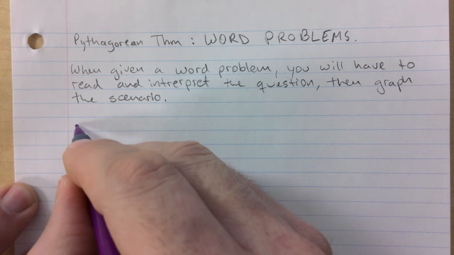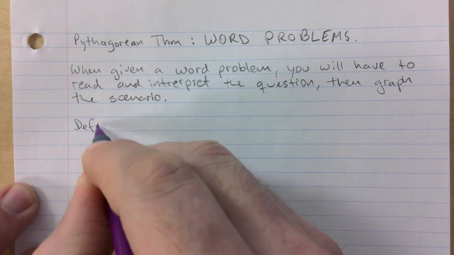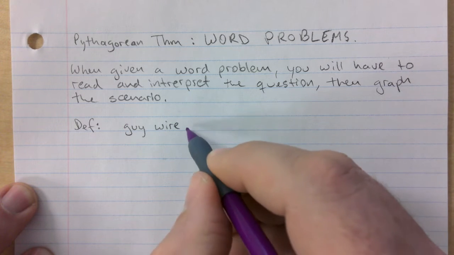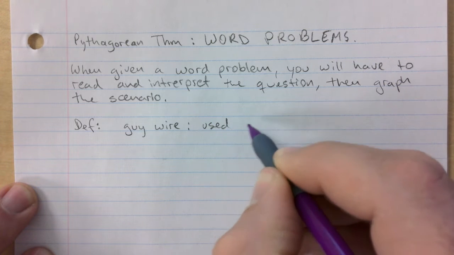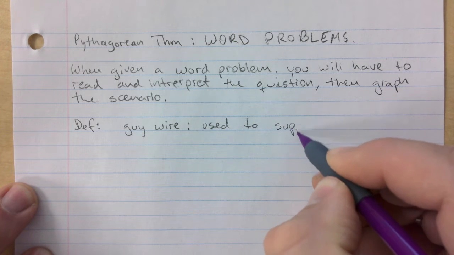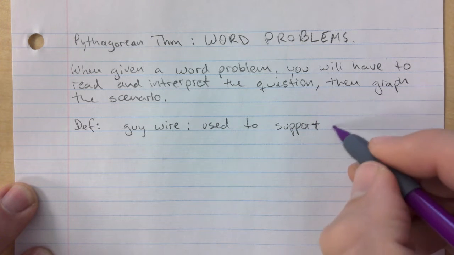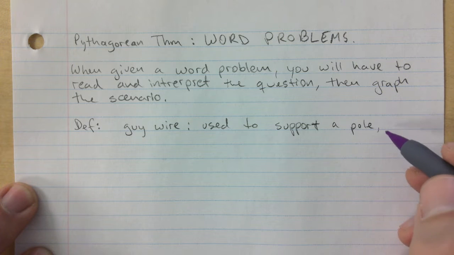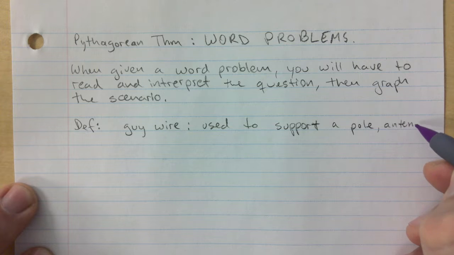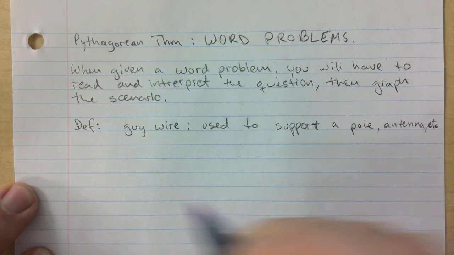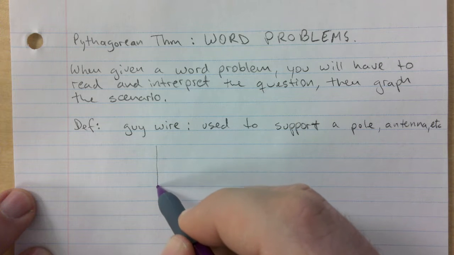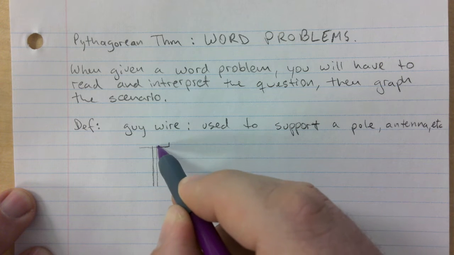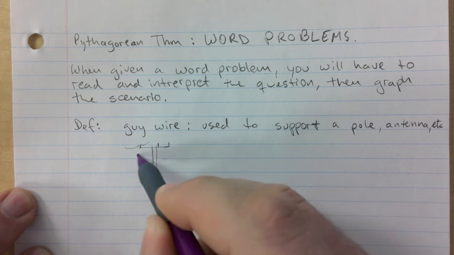So, some definitions here. A guy wire is used to support a pole, antenna, etc. I don't know if you know that when you go on the streets here in Winnipeg, you've got the hydro poles, and the wires run through them like this.